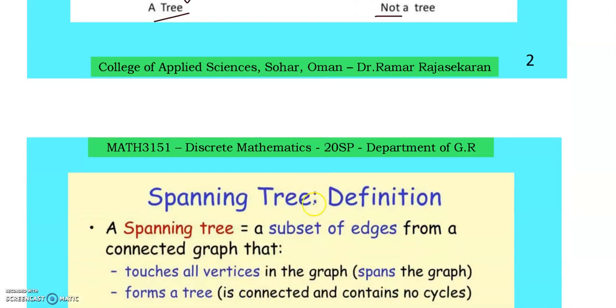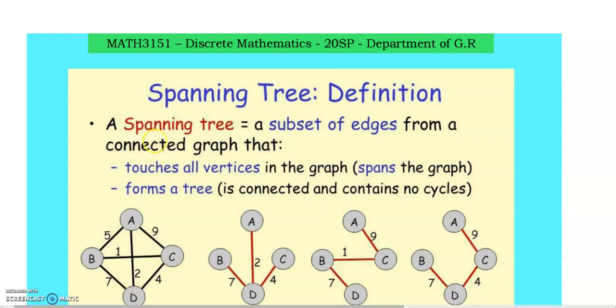Now we'll see what is a spanning tree. A spanning tree is a subset of edges from a connected graph that, again, two conditions: first, touches all vertices in the graph, spans the graph; simply we can say, touches all vertices in the graph.